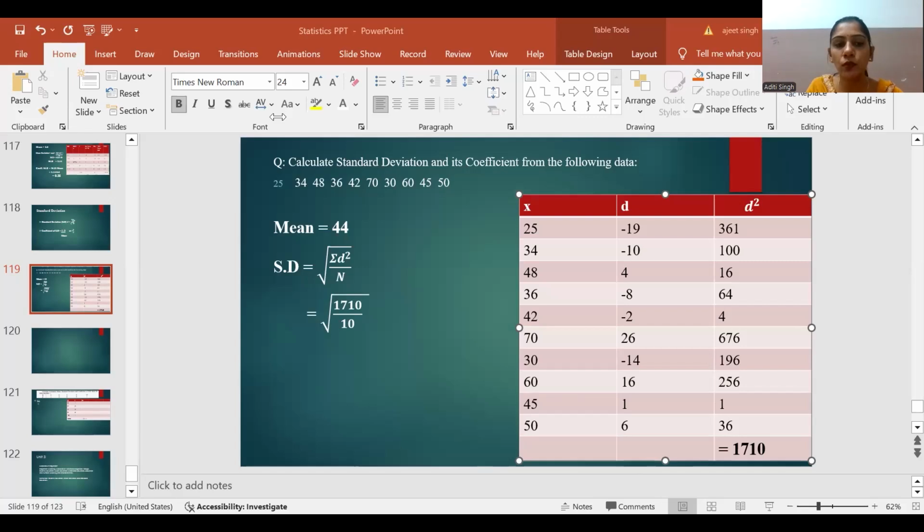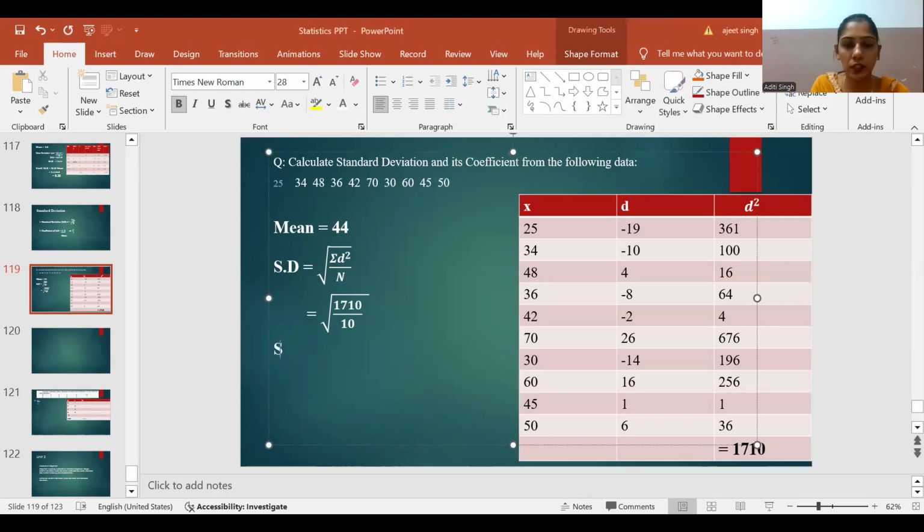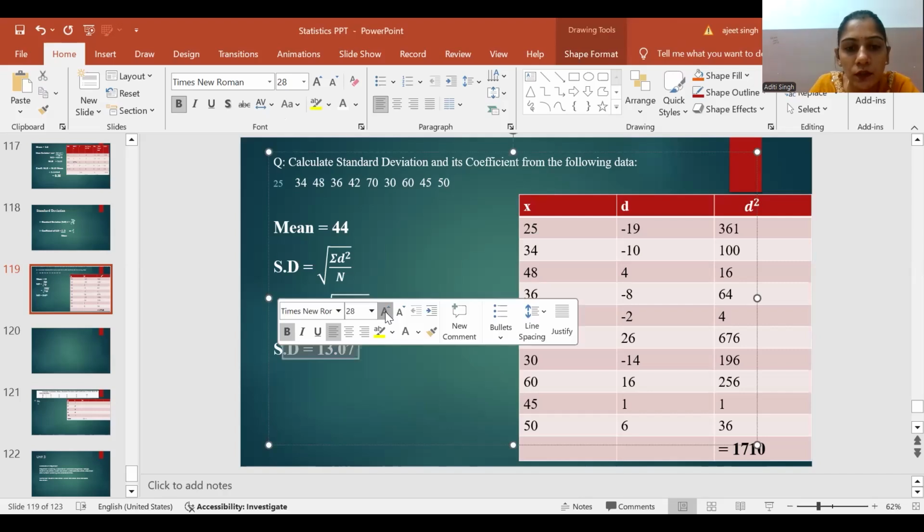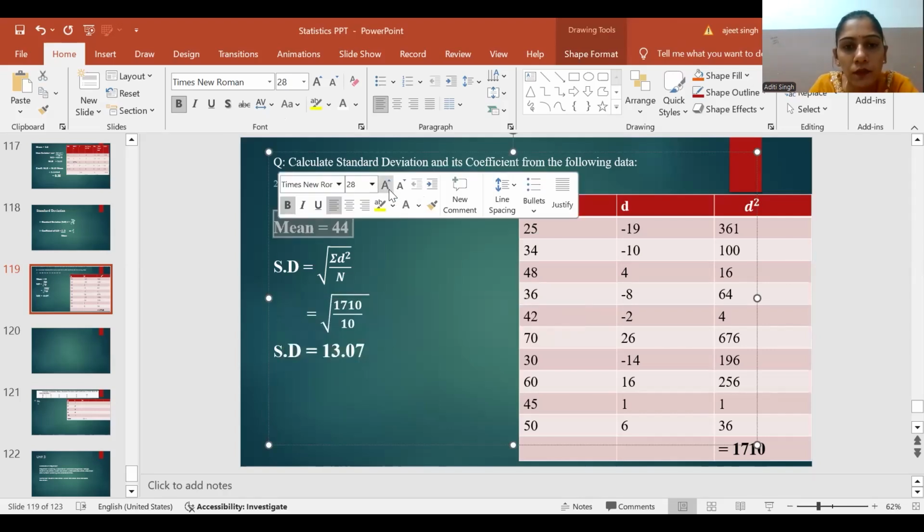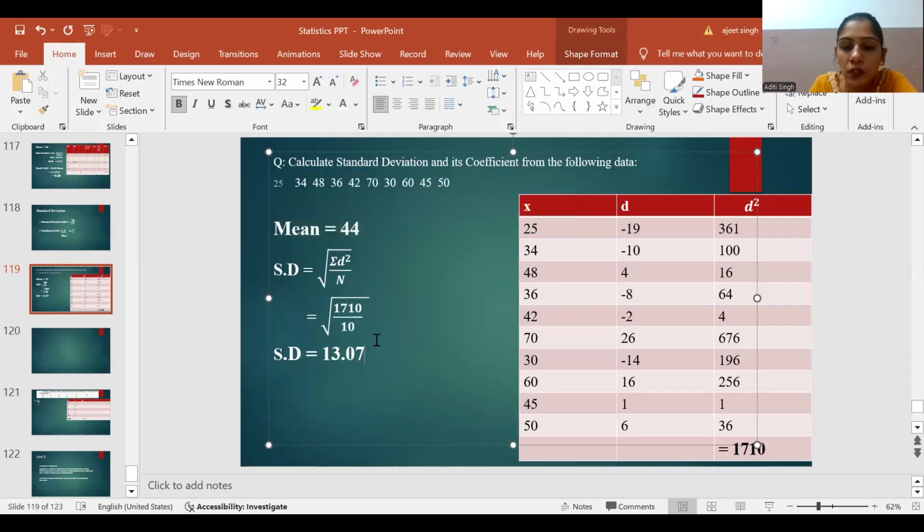When we take the under root of 171, the answer will be 13.07. So standard deviation is equal to 13.07. This is the answer of standard deviation, and the answer of mean we have already calculated, which is 44, and standard deviation is 13.07.